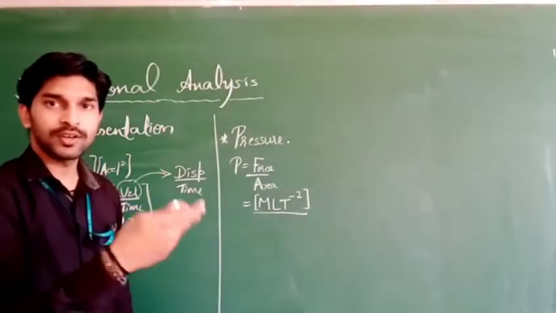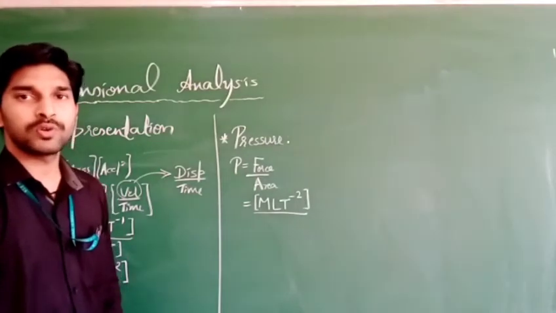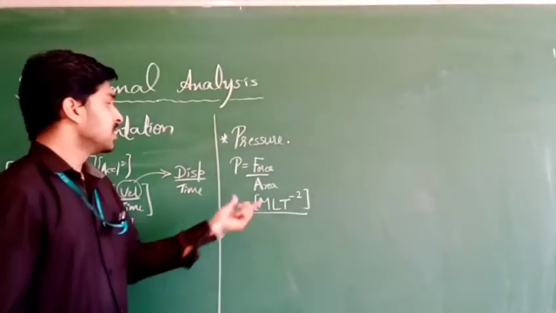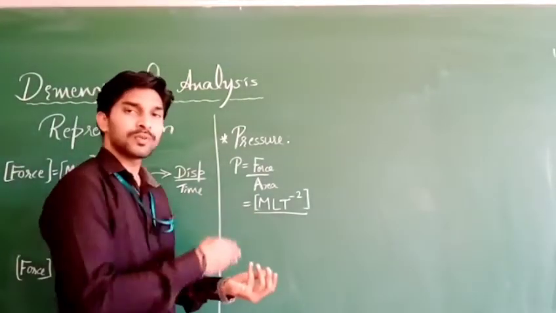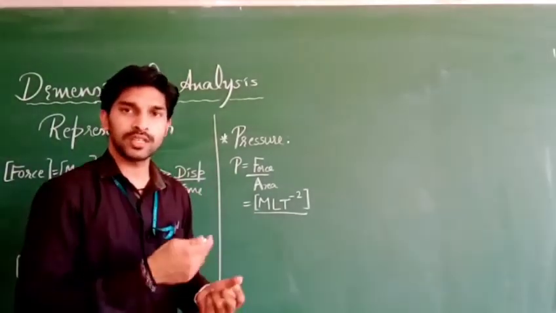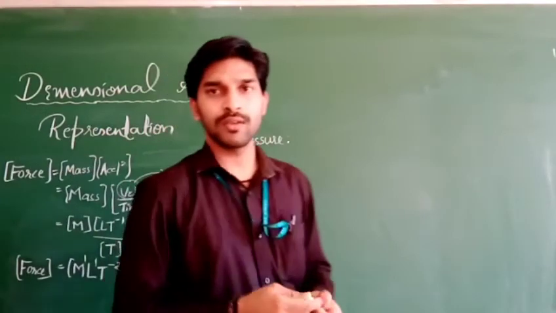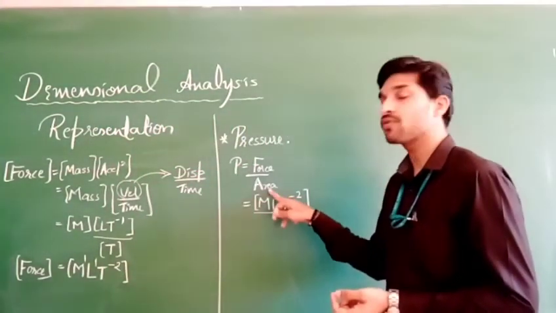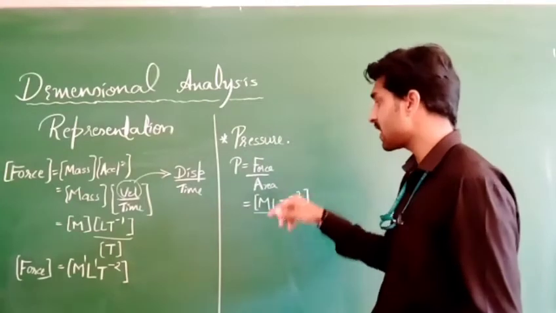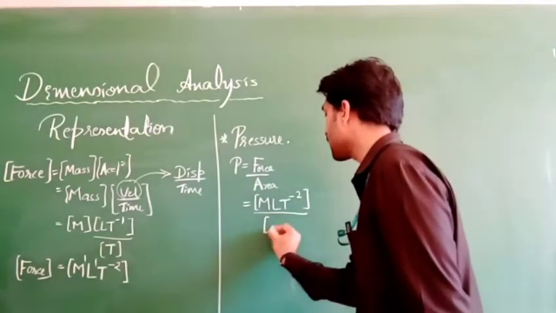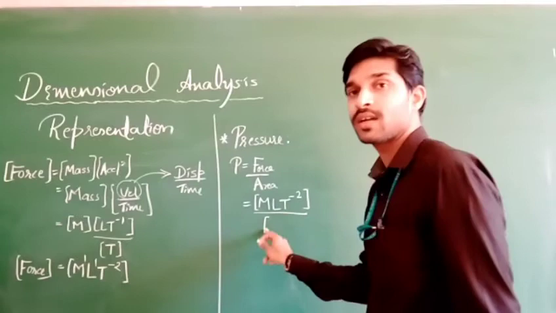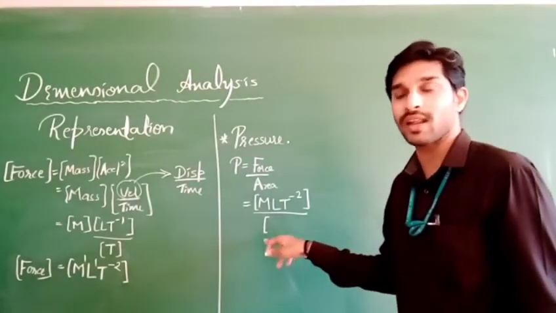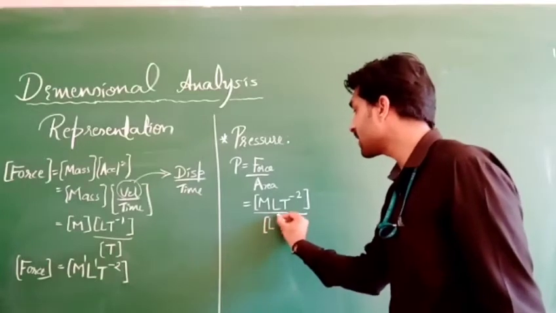Yes, length into breadth. Both the quantities we are going to measure in units of length only, in meters. That's why in the denominator, the dimensions of area are 2 in length. That's why I can write it as L square.